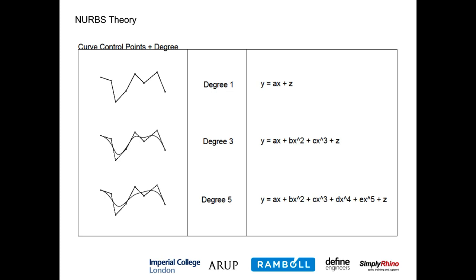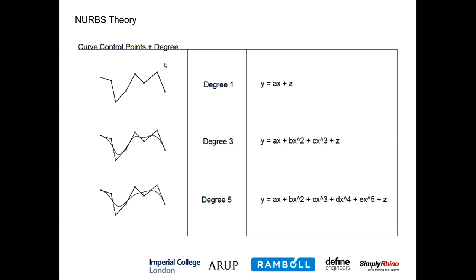There's technically a third one, but we won't talk about that because it doesn't really come up very much. They have control points, and they have a value which is called their degree. So the control points are used in order to determine the geometry.